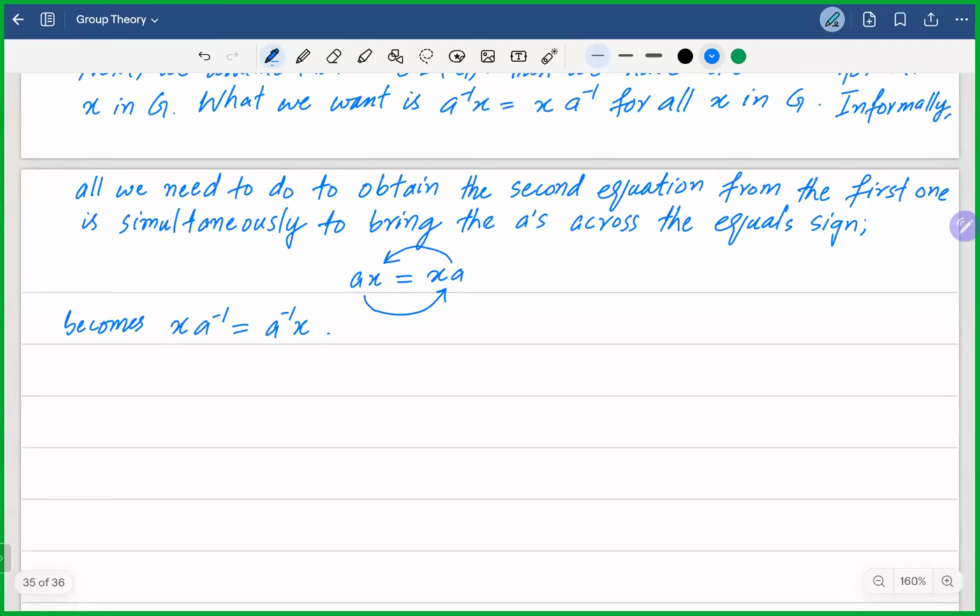But be careful here, groups need not be commutative. The A on the left comes across as A inverse on the left, and the A on the right comes across as A inverse on the right.